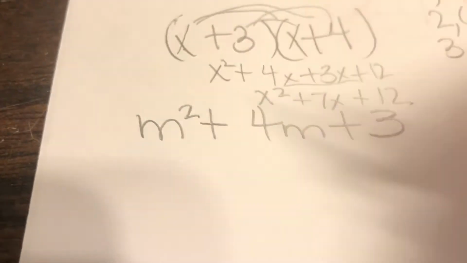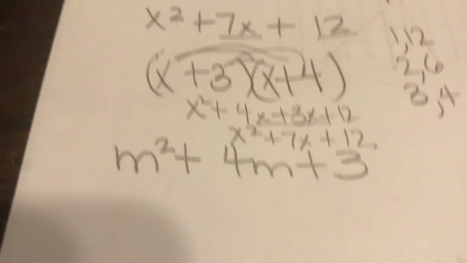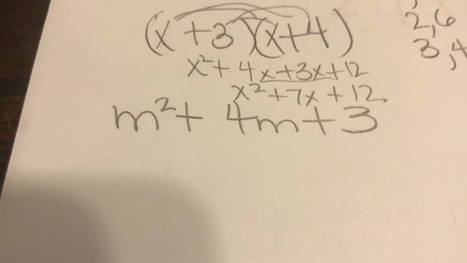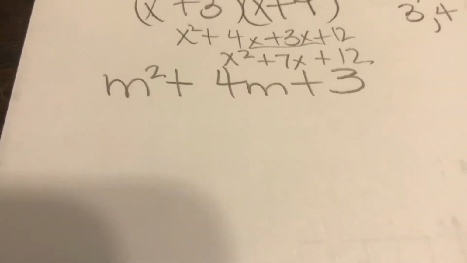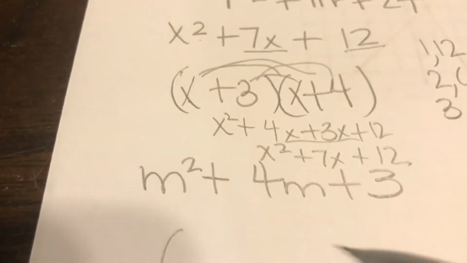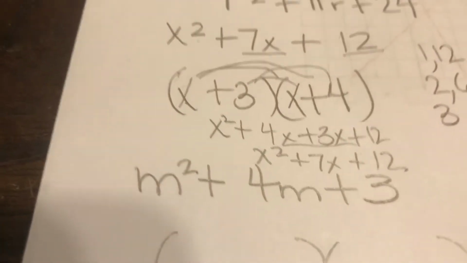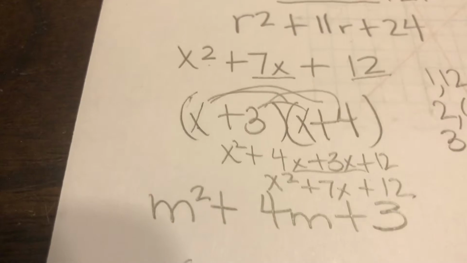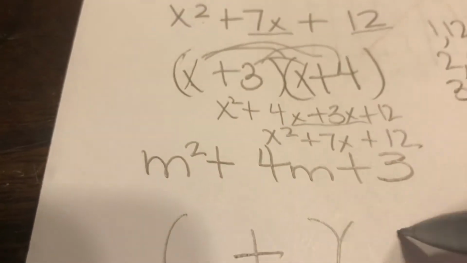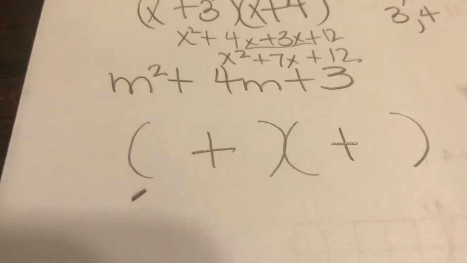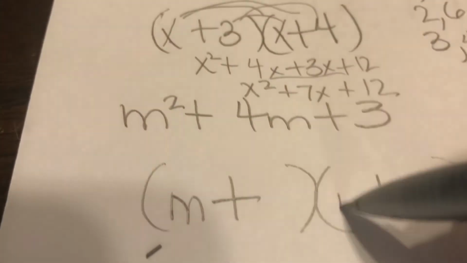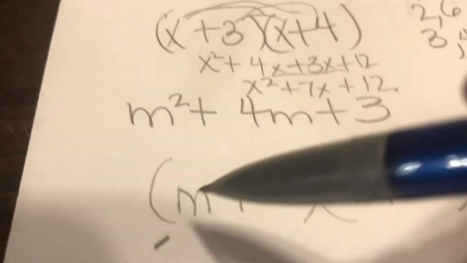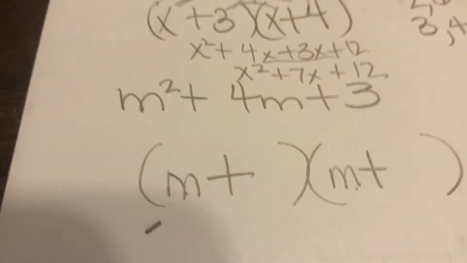The next one, but I forgot to put the square. M squared plus 4m plus 3. It does not have an a. It's a plus plus. So I'm going to put my parentheses and a plus plus. If it's m squared, I know both my first terms in my binomials have to be m, because m times m would give me that m squared.